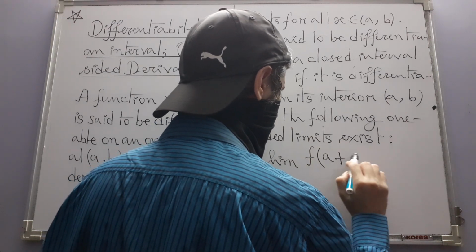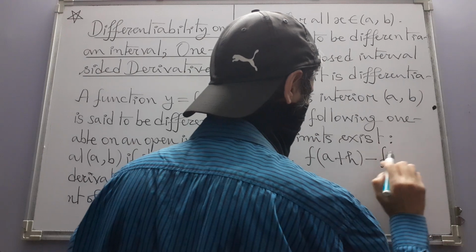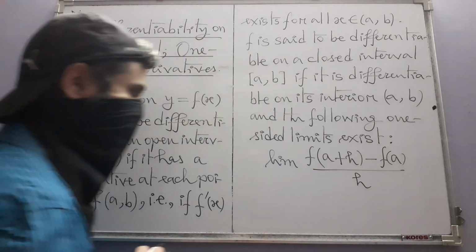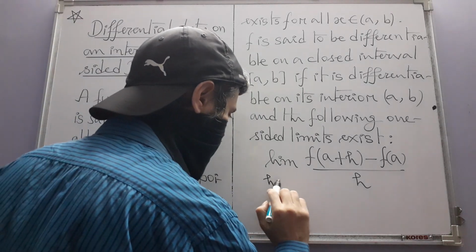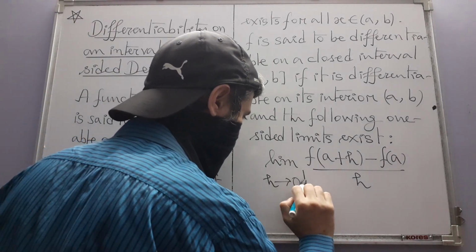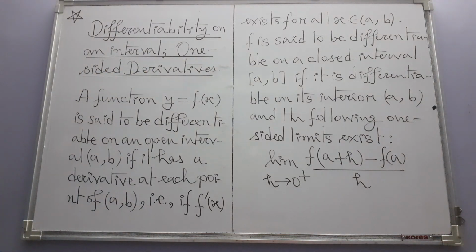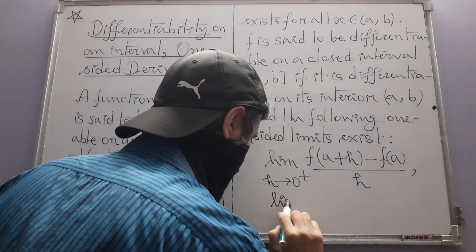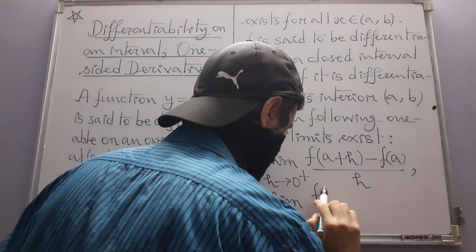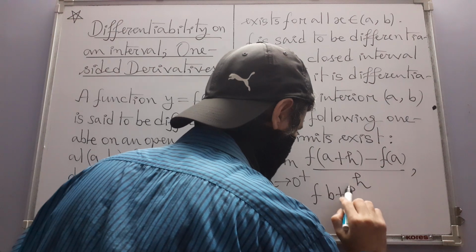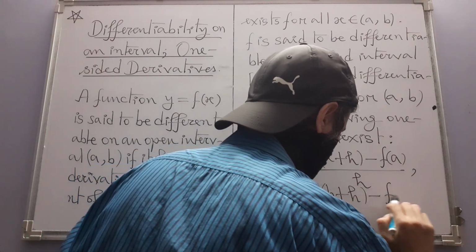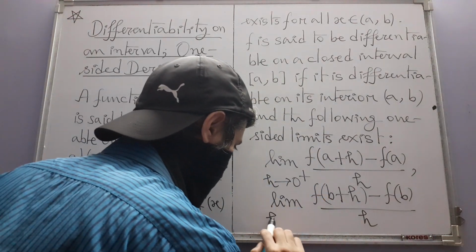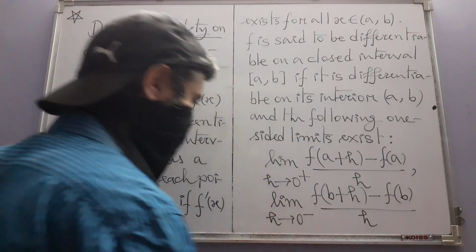The limit of f of a plus h minus f of a divided by h as h approaches 0 from the right side, and another similar one, but this time f of b plus h minus f of b divided by h as h approaches 0 from the left side.